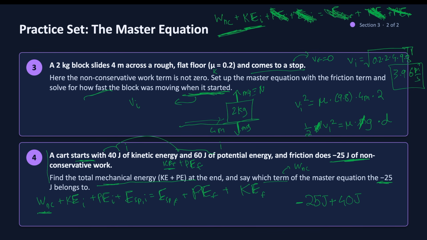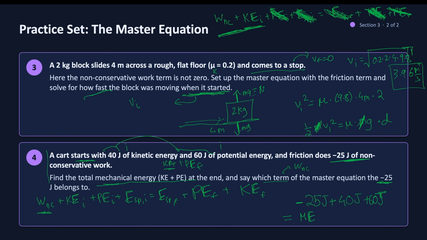Plus 60 joules is equal to kinetic energy final plus potential energy final, which I can just write as mechanical energy, because it's not asking us for any specific value.